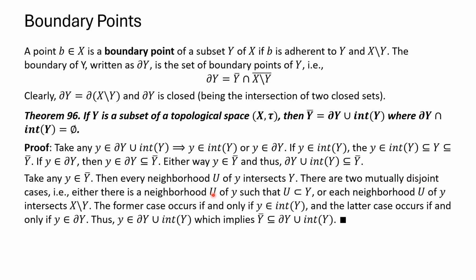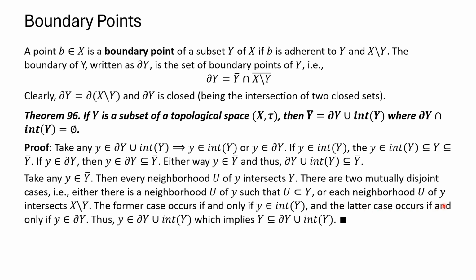Either there is a neighborhood U of y such that U is a subset of Y, or each neighborhood U of y also intersects the complement of Y. So the former case occurs if and only if y is in the interior, right? If a neighborhood U of y is such that U is a subset of Y, then that would imply y is necessarily in the interior of Y.